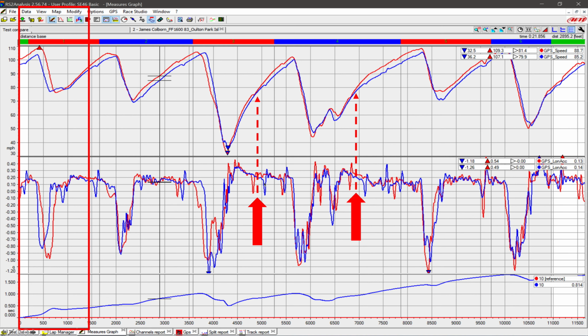So these gear changes may be slightly different. This might be just a hair's breadth slower on a gear change, but it's the position on track where that gear change is happening that may have a significant impact on the speed gained down a straightaway, which in this instance you can see is quite a notable difference in terms of speed.